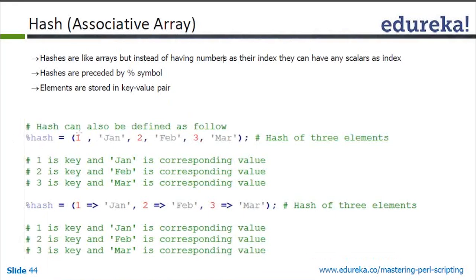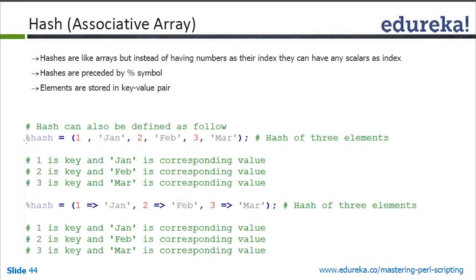But here there are two things. It is like a hash implementation where each has an index and a value. So when we say a hash element, 1 refers to January, 2 refers to February, and 3 refers to March. So the hash contains 3 elements.